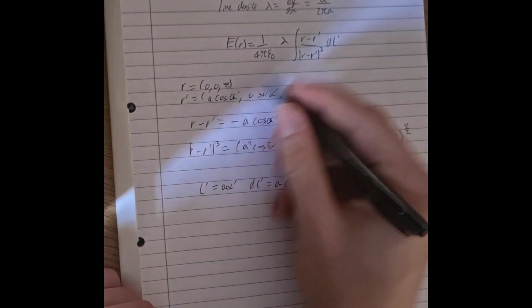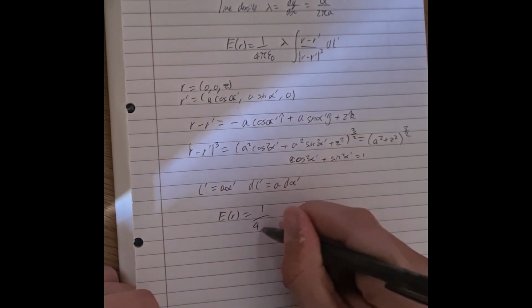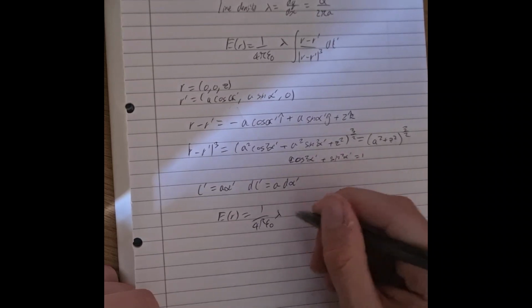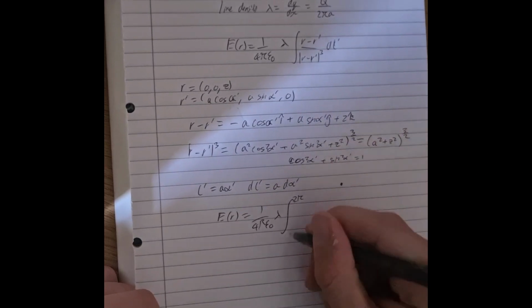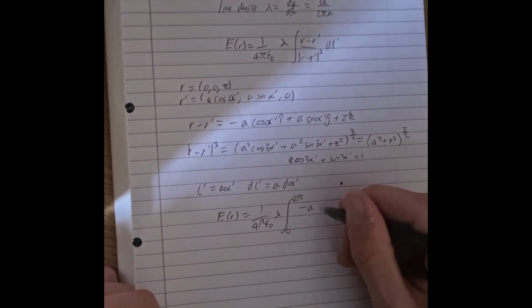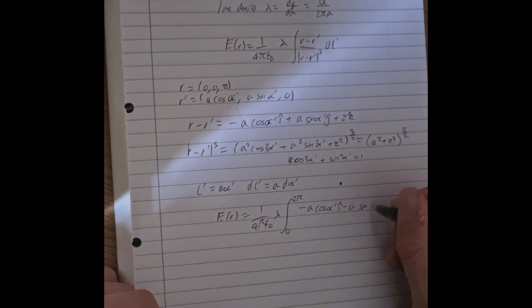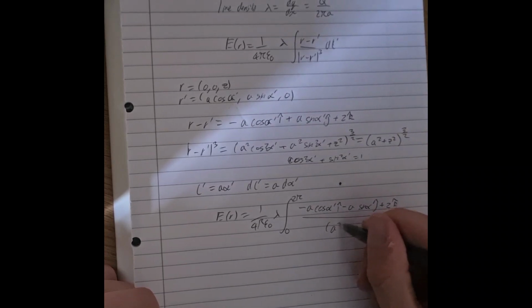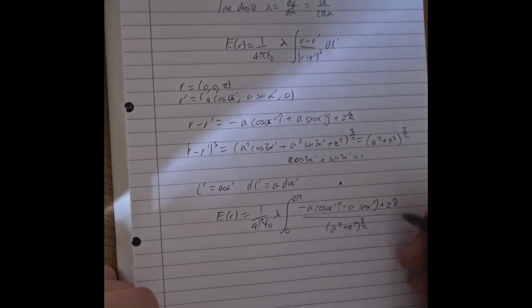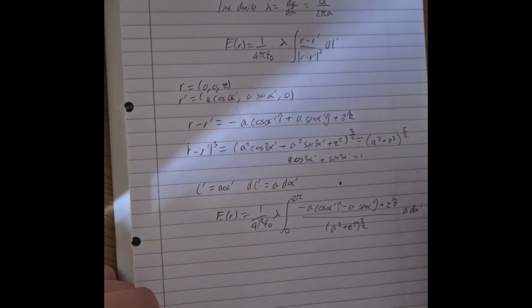Then we can put this all back into our equation, and we see that the electric field at R equals 1 over 4 pi epsilon naught lambda, and as it's a circle, we integrate from 0 to 2 pi, of minus a cos alpha prime i hat minus a sine alpha prime j hat plus z k hat, all over a squared plus z squared to the 3 over 2, times dl prime, which is a d alpha prime.